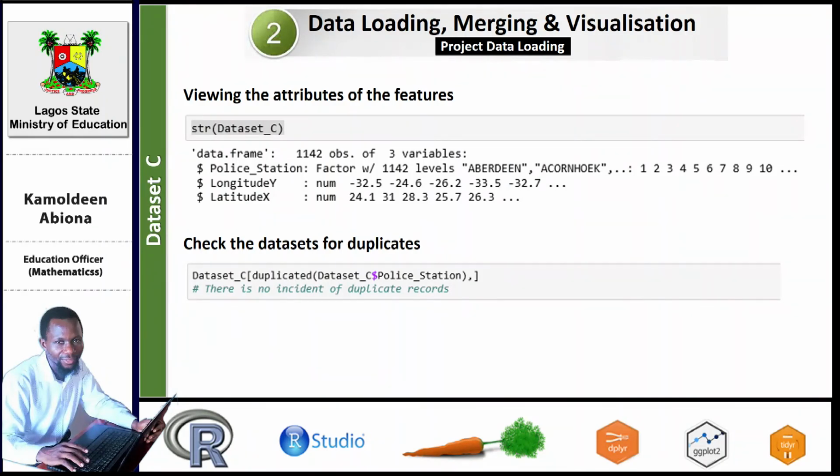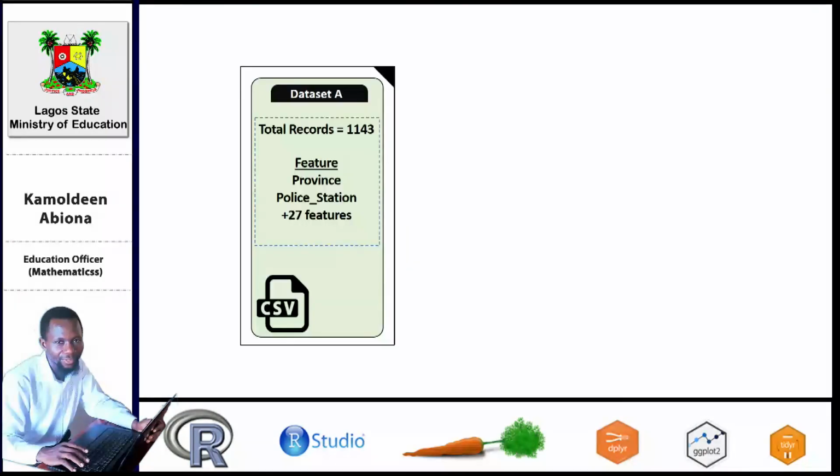We call that variable to check whether there are duplicates based on police station, whether we have a police station that occurs more than once. We realize that it returns no incident of duplicate records, as you can see it has brought out none. So that means there is no incident of duplicate records.